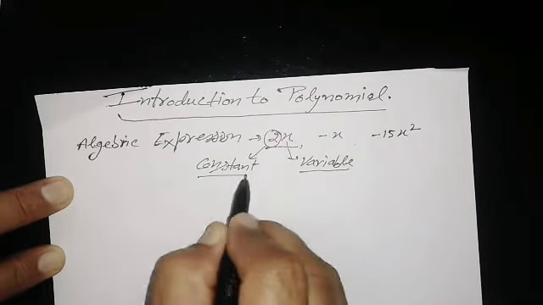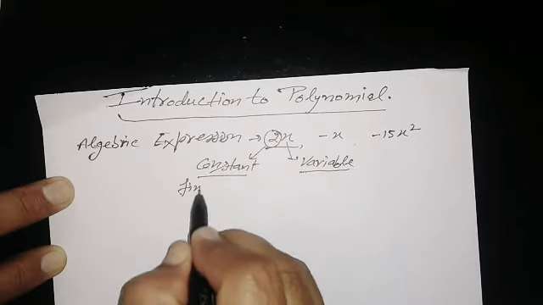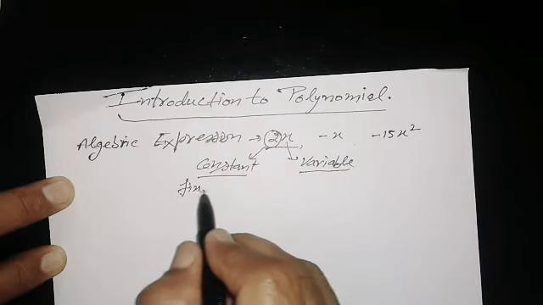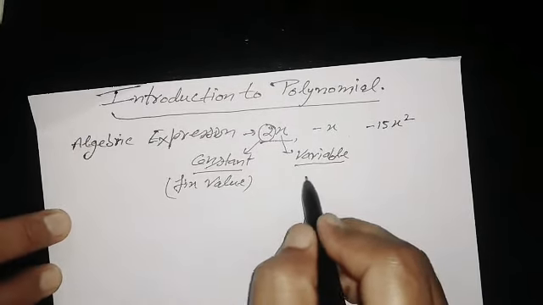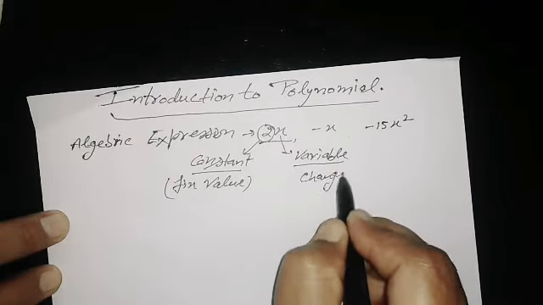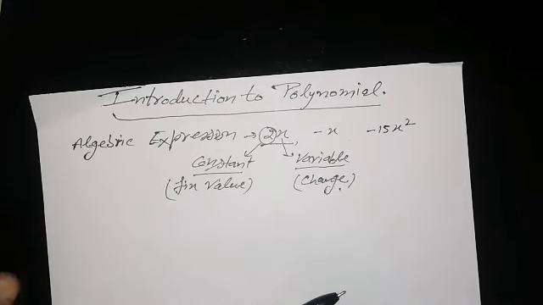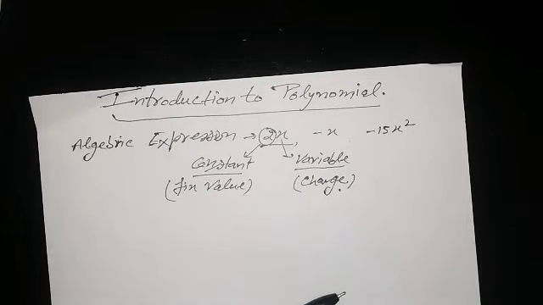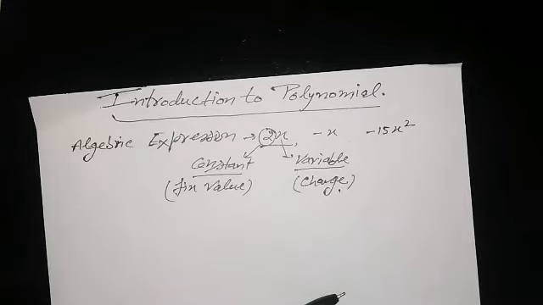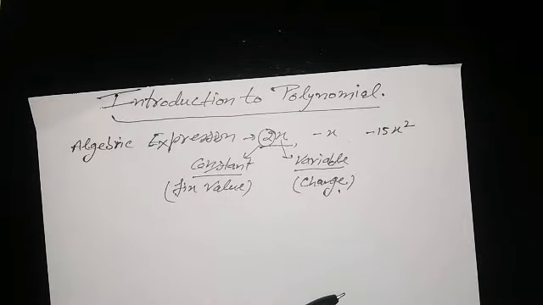As the name suggests, constant means fixed, a term which has a fixed value, that is called constant. Variable means change. In a particular situation, in a particular problem where you are using these types of expressions, you can clearly say that a constant in that situation does not change its value, that is fixed, but a variable changes its value, means keeps changing.